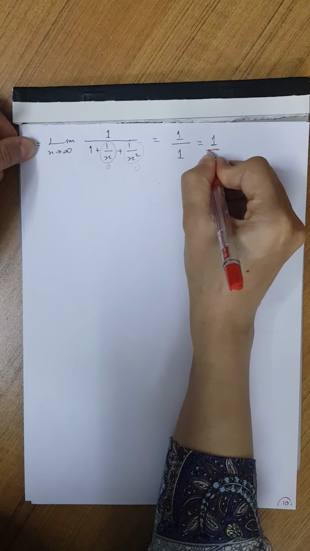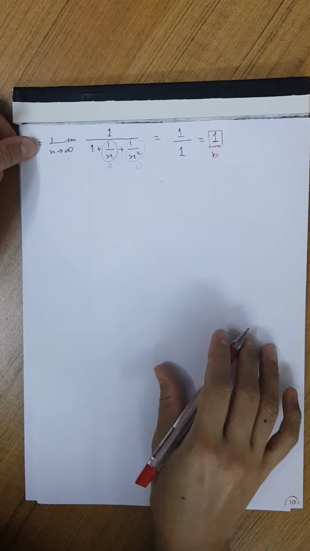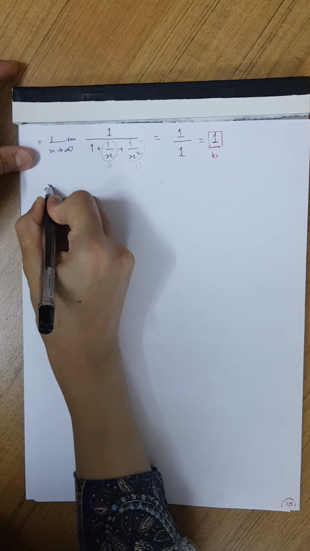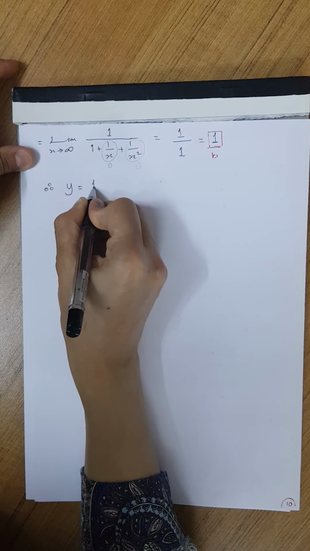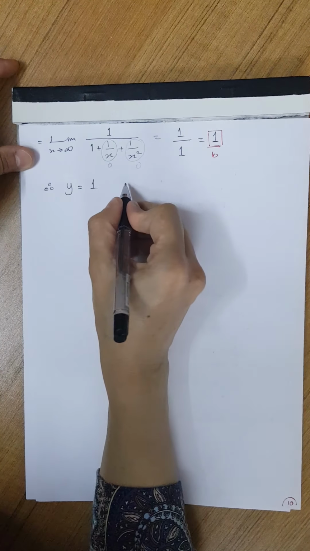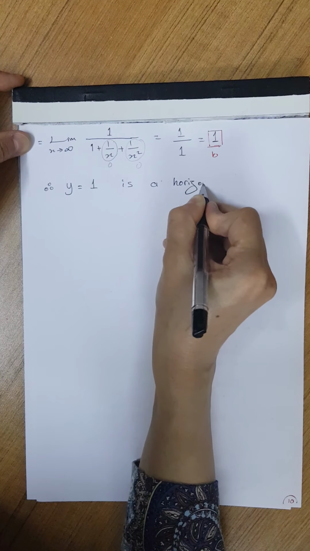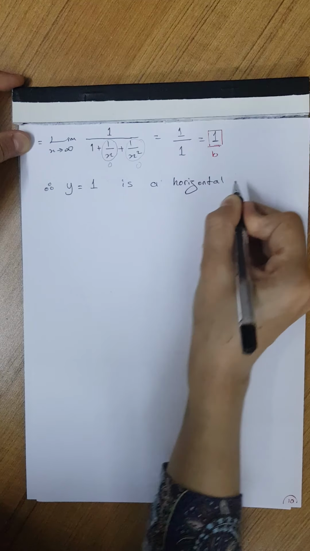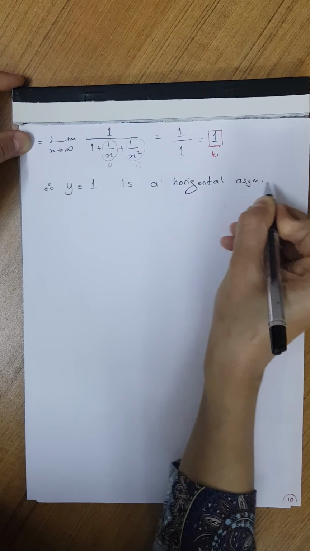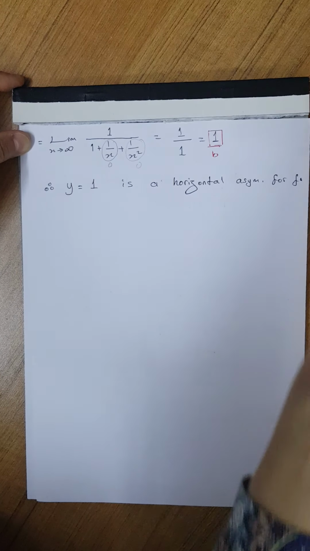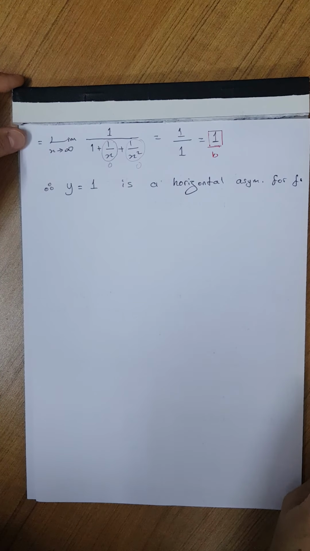So I will call that b a horizontal asymptote for the function. So I will write y is equal to 1. That number here is a horizontal asymptote for f of x, or f, whatever you want to write. That's the first case. Let's do the other case.